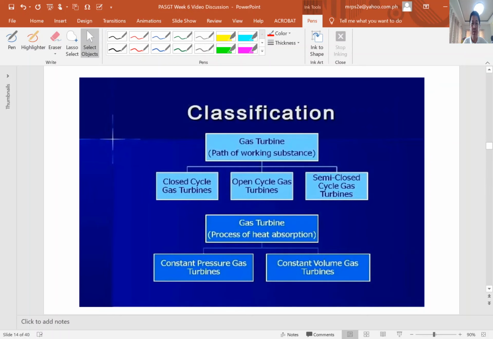Classification. We have gas turbine, path of working substance. We have a closed cycle gas turbine, open cycle gas turbine, semi-closed cycle gas turbine. We also have gas turbine process of heat absorption: constant pressure gas turbines and constant volume gas turbines.